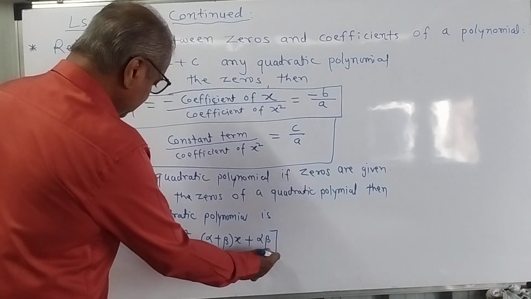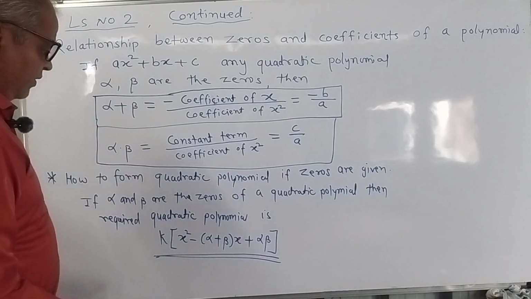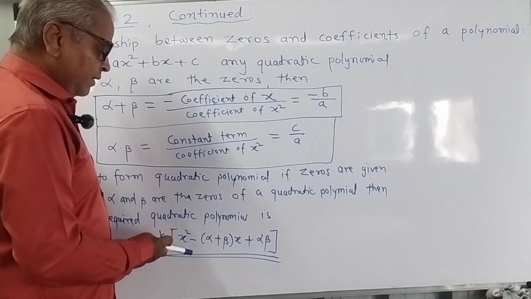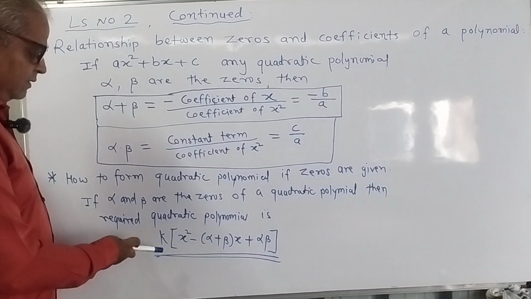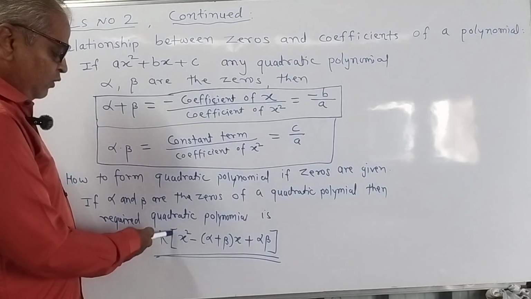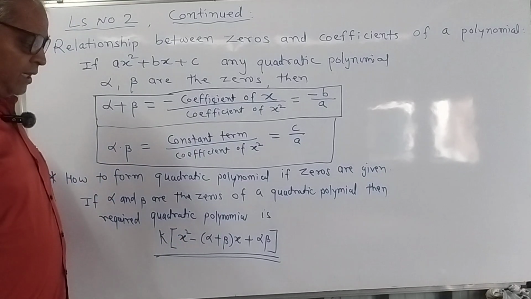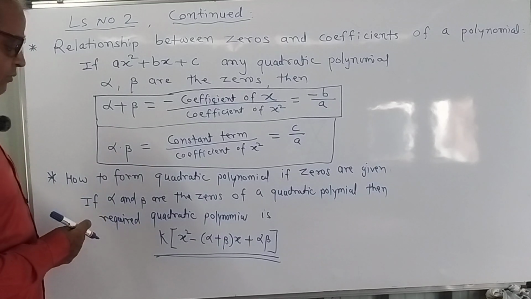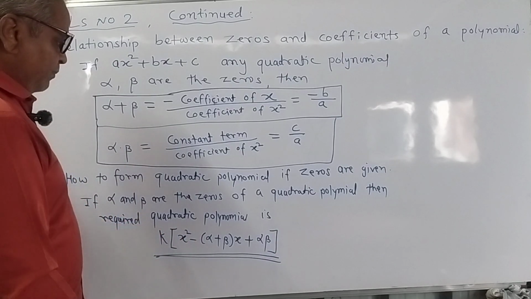So this is our required quadratic polynomial. If alpha and beta are the zeros, then we can find out the quadratic polynomial by using this relation k into bracket x square minus alpha plus beta into x plus alpha beta. K is any real number which is multiplied to the quadratic polynomial.